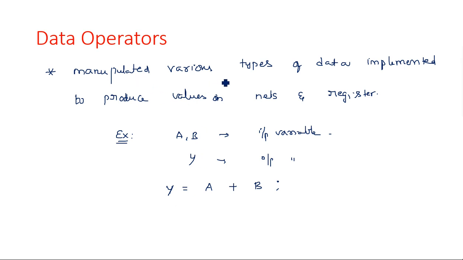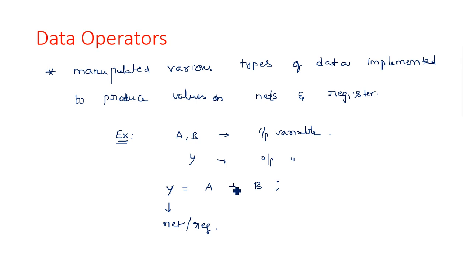So a data operator is used to manipulate various data types to produce values on nets and registers. What do you mean by net? What do you mean by register? Already we have discussed this in the previous videos. A net is used for combinational logic circuit variable declaration, and registers are used to declare variables inside the always and initial blocks, that is, sequential logic circuits. Here y may be a net or it may be a register.